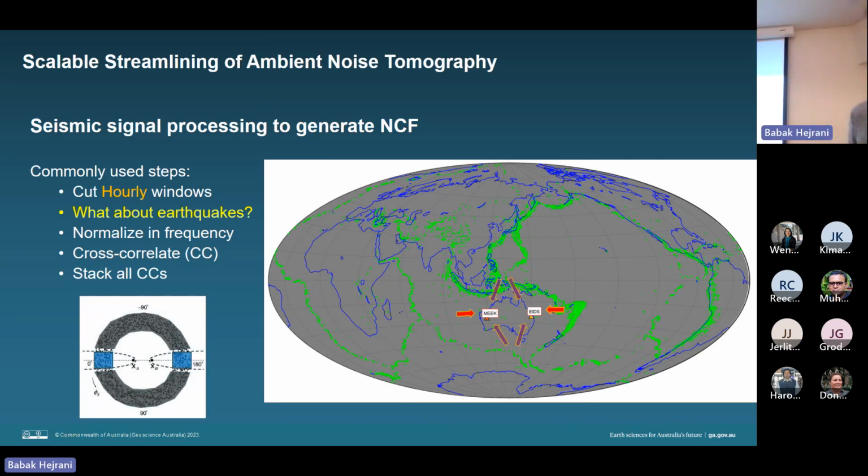And I would like to draw your attention to the same argument that was made for ambient noise, that we should try to amplify the signal that is coming from here by stacking, and suppress the signal that is coming from perpendicular angles.